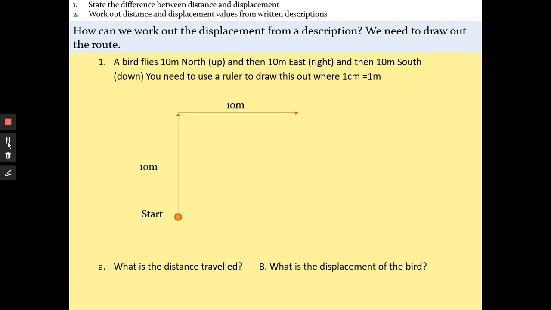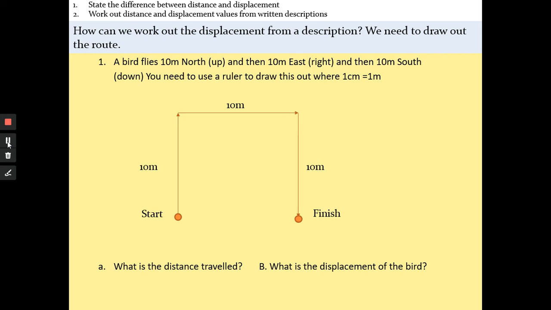And then I'm going to draw a line 10 centimetres down the page to represent my 10 metres south. And notice I put the arrows in the direction that the journey is described. And I'm now going to put my finish point. So that's my journey. And so my first question asks, what is the distance travelled?